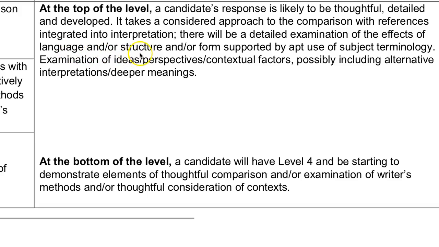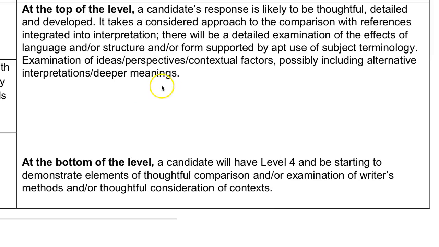Language and or structure and or form supported by use of subject terminology. Well, here we've got a bit of an issue, because at this level you need something about the poem's structure or something about the poem's form, and he hasn't done that, has he? So now we know something really useful.